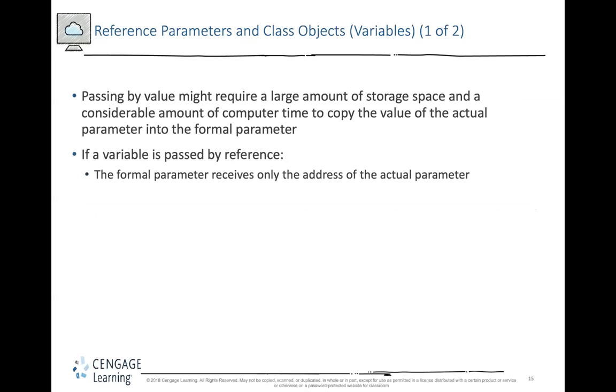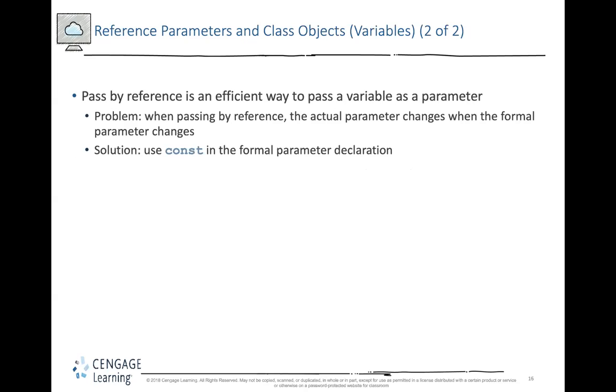Typically we would recommend that you pass by reference because it's more efficient. You don't need to make a copy of something, which costs more time and space. Passing by reference is more efficient. That's what we're saying.